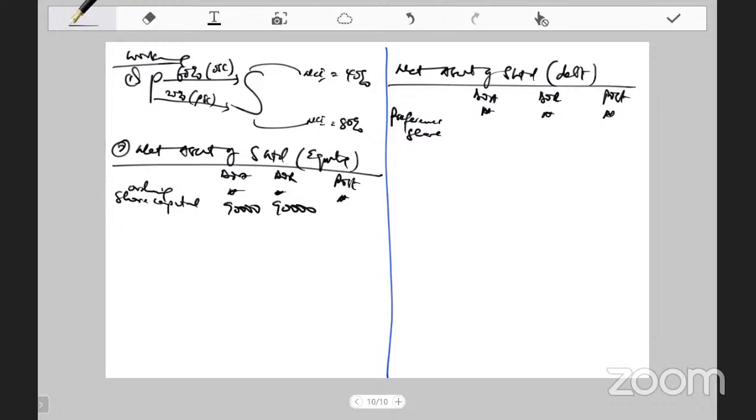In my question, I have preference shares. What's the preference share of the subsidiary? 40,000. So on the date of acquisition, the preference share is 40,000. And the share premium is 9,000.